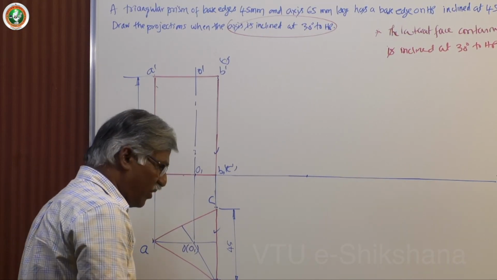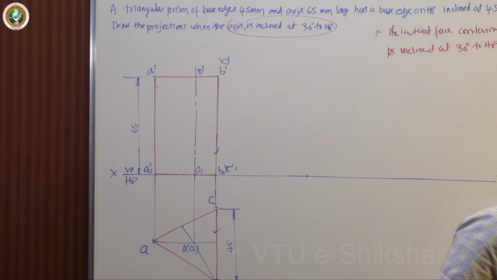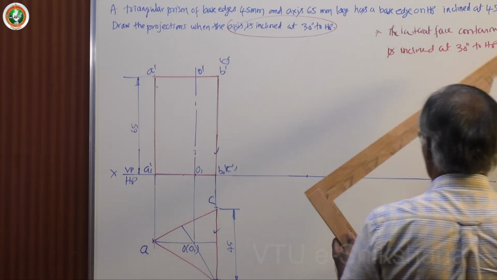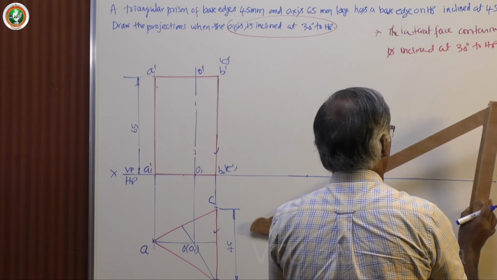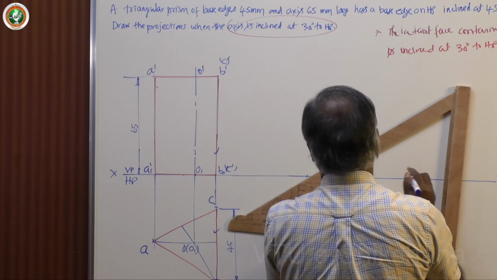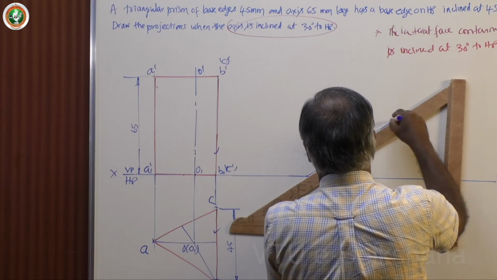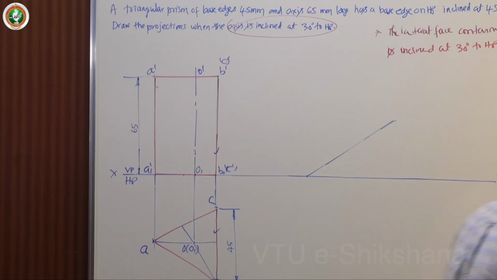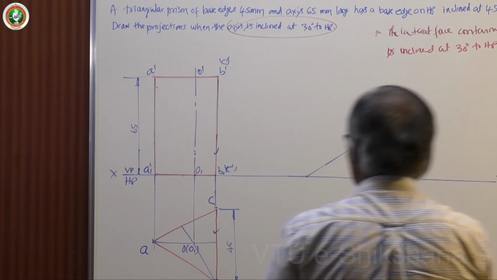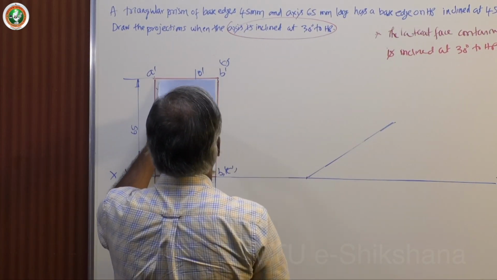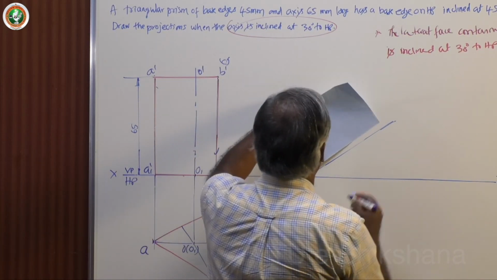Now, how to do it? Draw a line inclined at 30 degrees. So, I will take this angle and draw the 30 degree line approximately. Okay. Now, I will take this length, and mark it here.